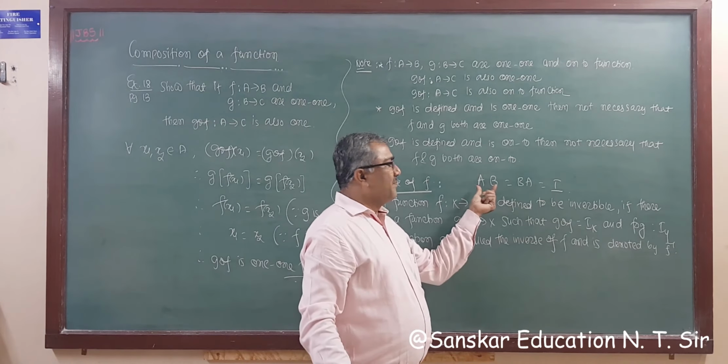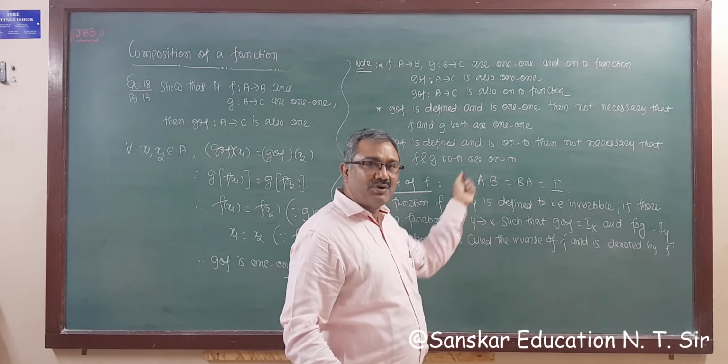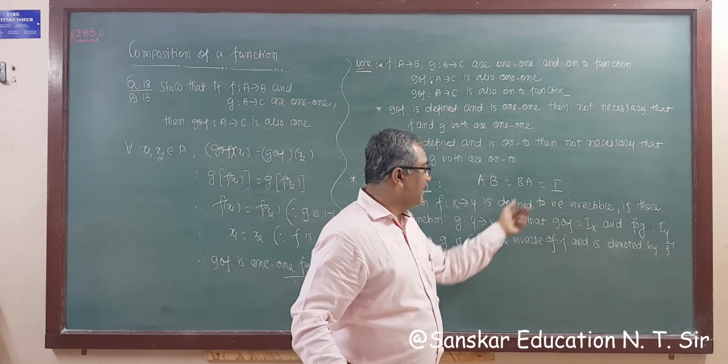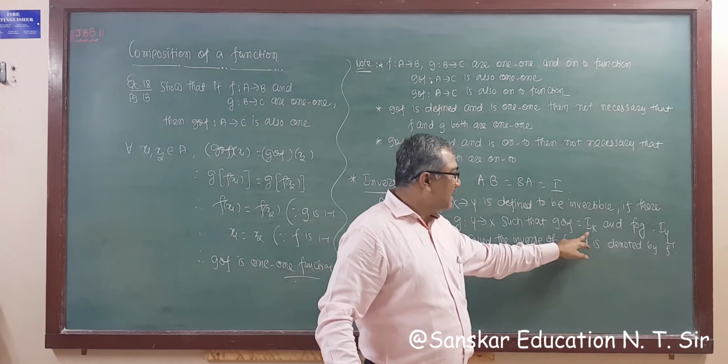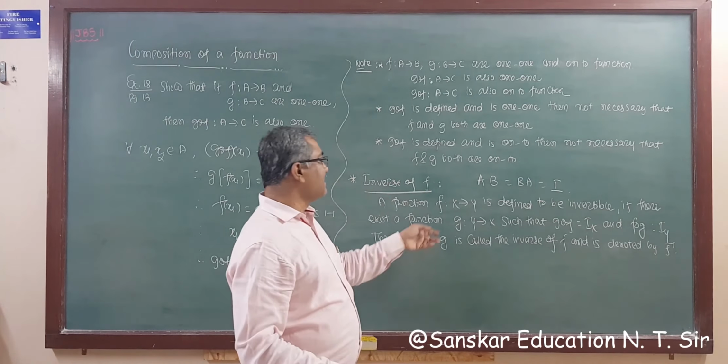If for functions f and g, you find the composition of the two functions, that is g over f, it is from X to X, so it is defined on X to X. So instead of I we get the identity function, that is IX, and f over g is IY. Then g is said to be the inverse of f and is denoted by f inverse, right?